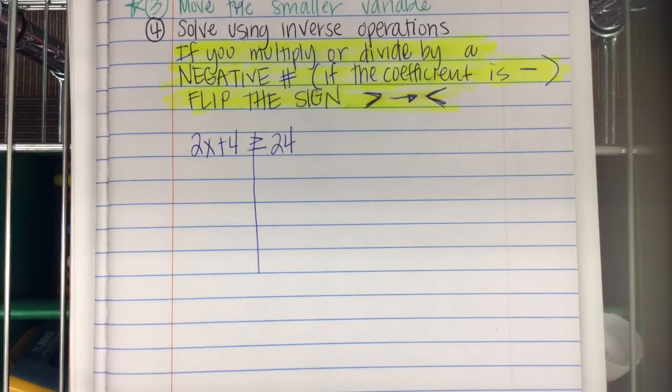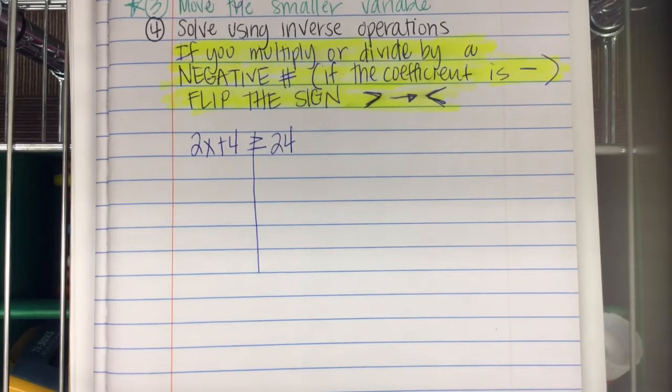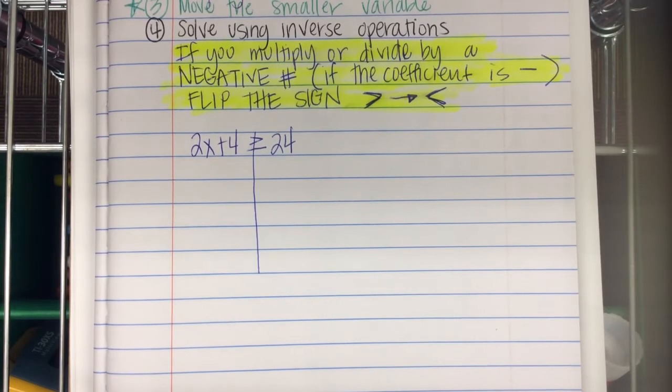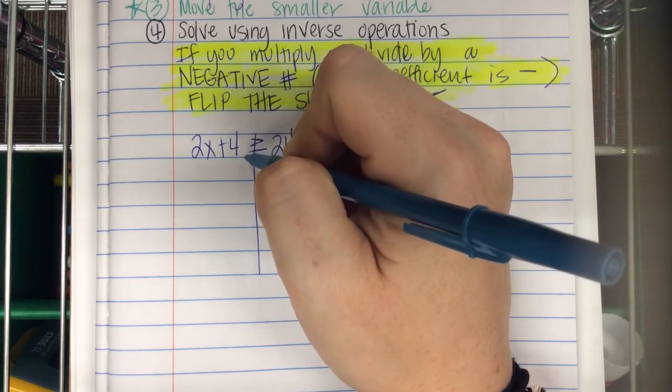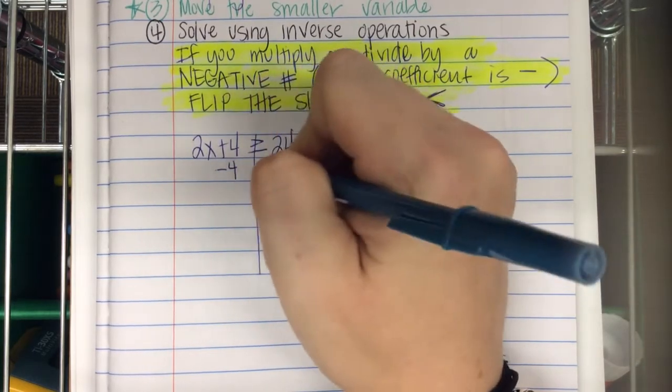So what's the first thing we do to solve this problem? Is there any simplifying, distributing, or combining like terms? No. Is there any smaller variable that needs to be moved? No. So now we just use inverse operations. What do we do first? Because it's plus 4, that's our constant. That's what we get rid of first. Subtract 4 from both sides.